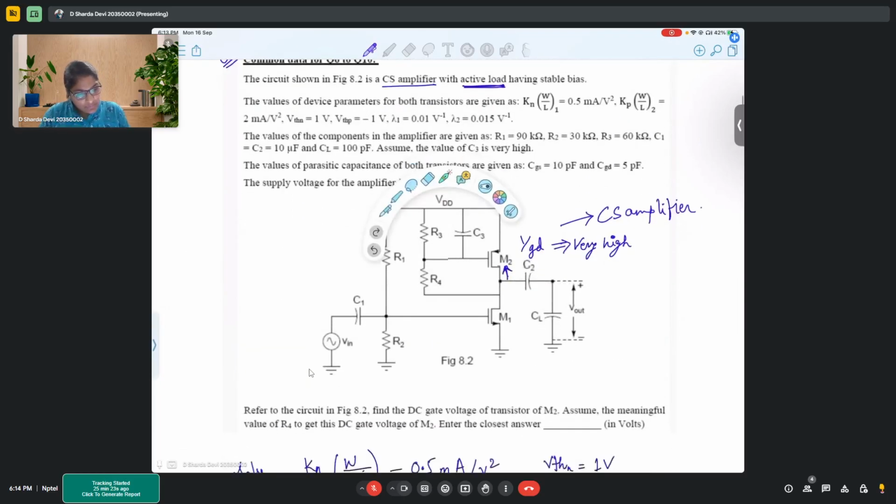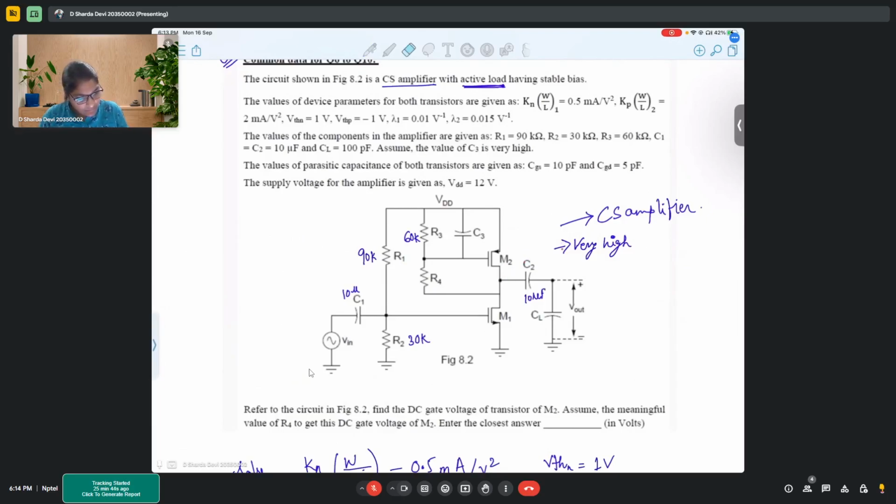Along with that, we have R1 of 90K, R2 of 30K, R3 of 60K, C1, C2 of 10 microfarad, and CL of 100 picofarad.